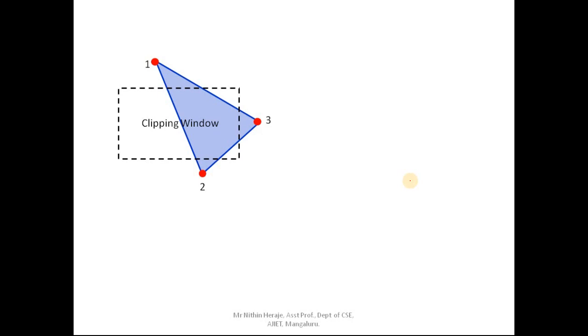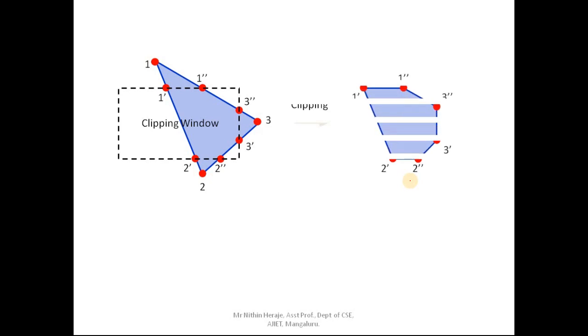So we'll find out what are the new edges for this polygon. We have 1 dash and 1 double dash after top clipping, 2 dash and 2 double dash after bottom clip, 3 dash and 3 double dash after right clip. After this, we'll see how the polygon will look like.